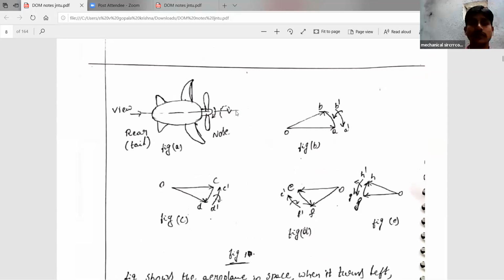When the observer changes place from the rear to the nose, the propeller direction appears on that side. I will show you with the help of the spotlight.